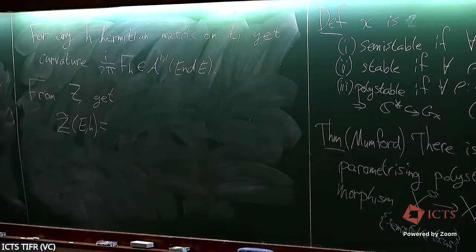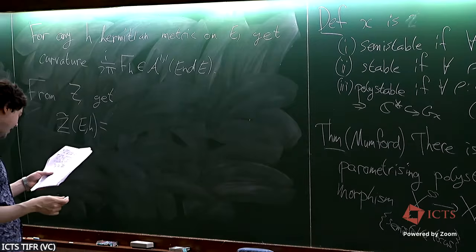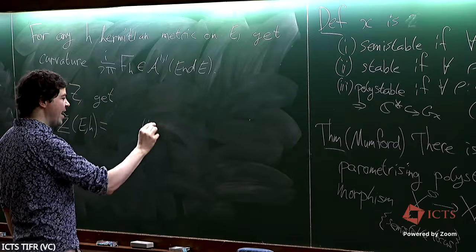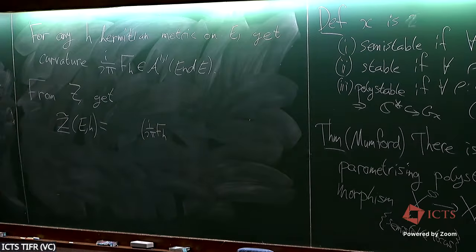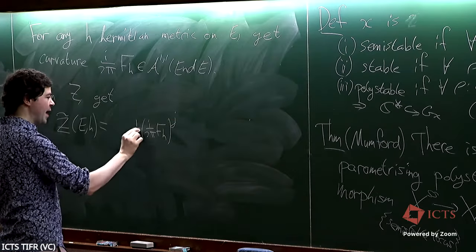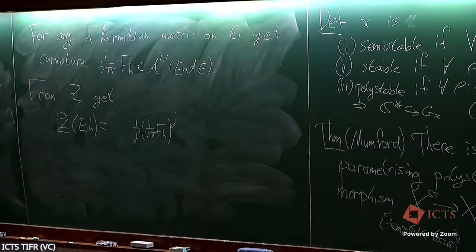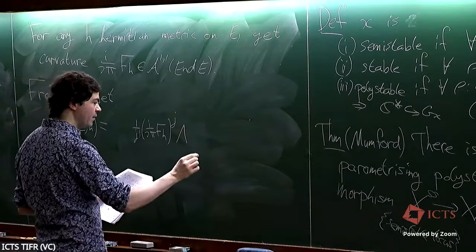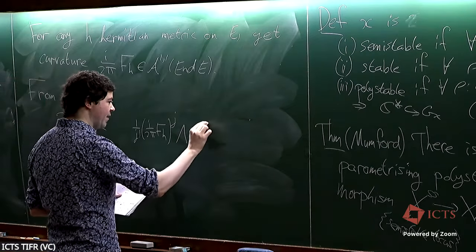This is going to be an (n,n) form with values in End(E), which I'm going to get by taking things of the form i over 2 pi F_H, the Chern-Weil representative that we obtained, to the J. If we multiply by 1 over J factorial and take trace, this would be the representative of the Jth Chern character.